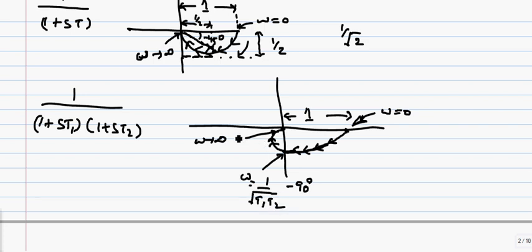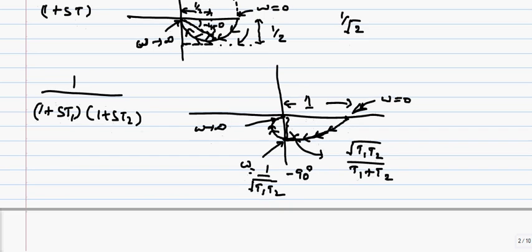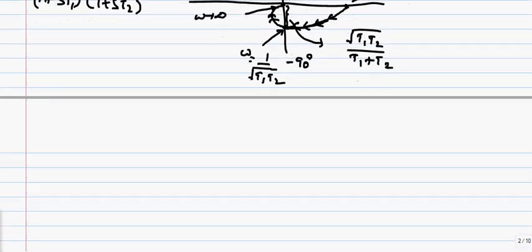And if you look at the magnitude, from here to here, this point, if you take this value, I'm writing it here, it will be square root of t1 t2 over t1 plus t2. This is how the plot for two simple poles looks.